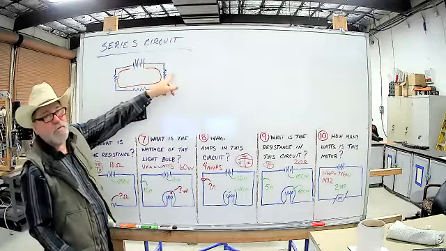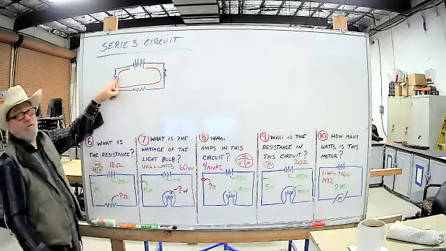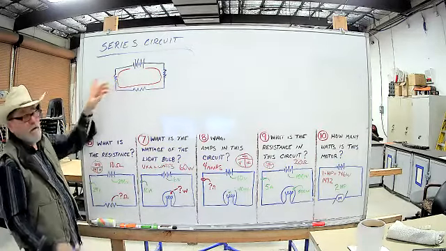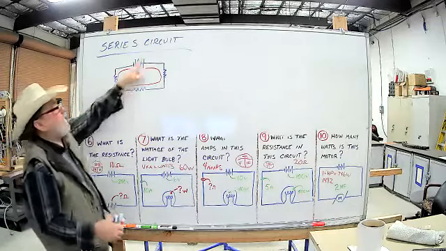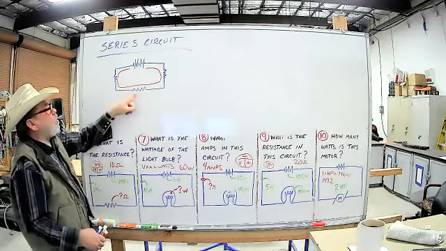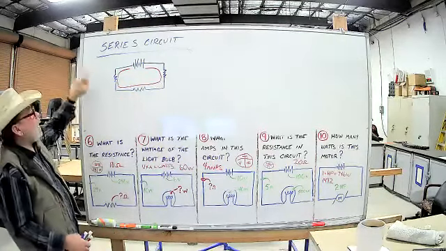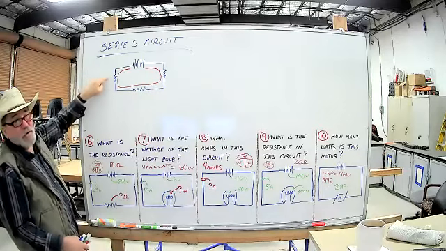Whatever current is flowing through this resistor has to flow through this resistor. It has to flow through this resistor. There's no place else for it to flow. You can't jump over it and go to this one. Whatever this one sees, this one sees. Whatever runs through here has to run through here.